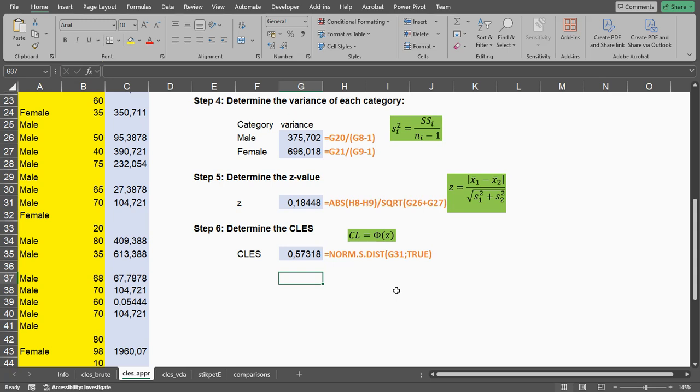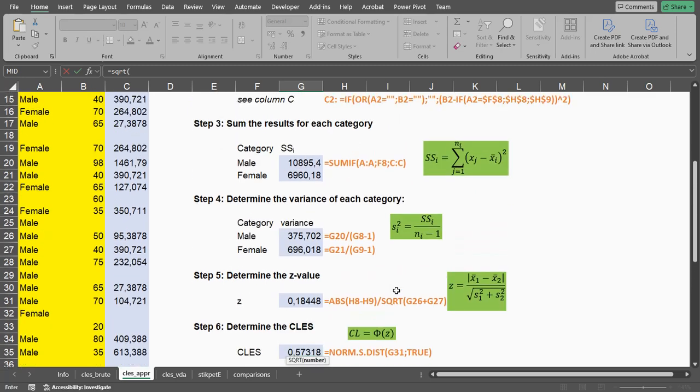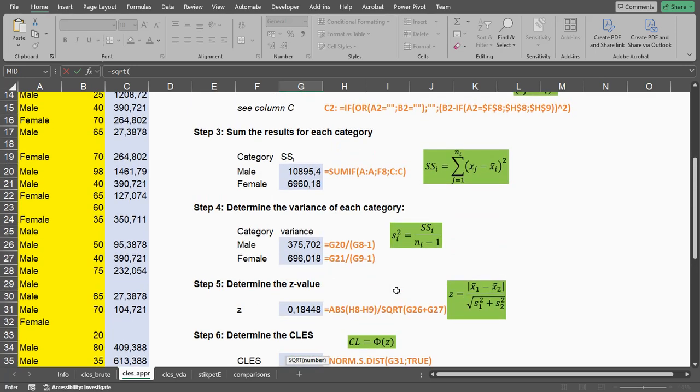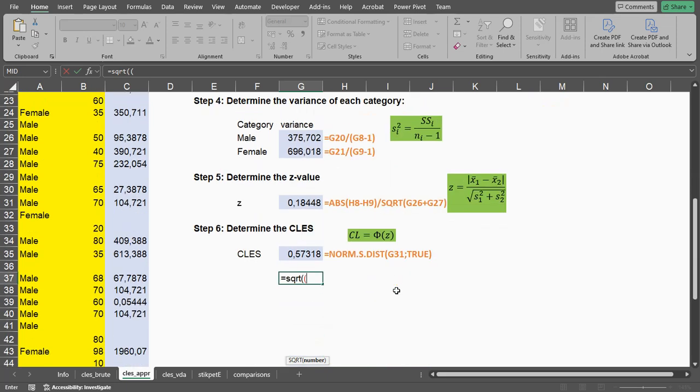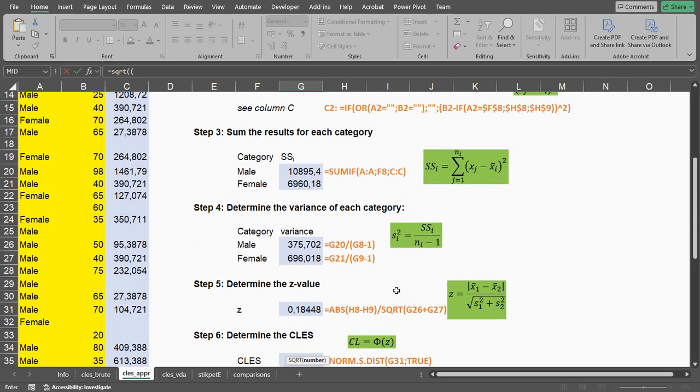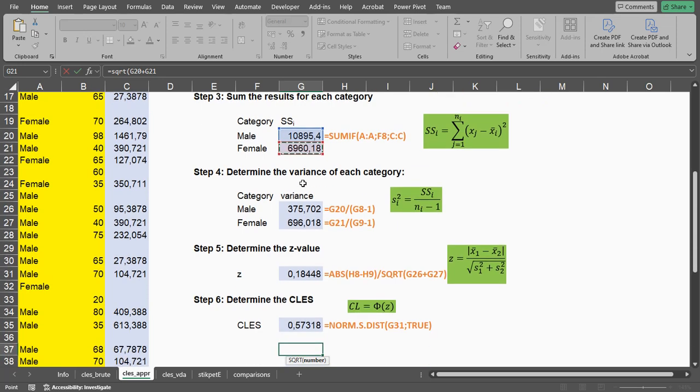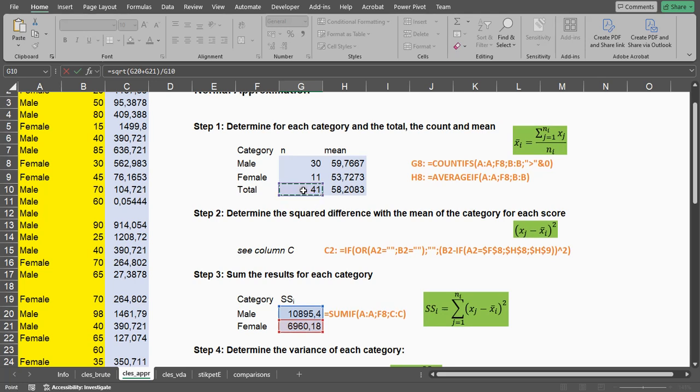What we do is take the square root of the variance that we had earlier. So I'm going to add another set of parentheses. Oh sorry, we don't even need that. We can simply take this sum of squares, add the other sum of squares, and then divide that by the total sample size, which in this case is 41.